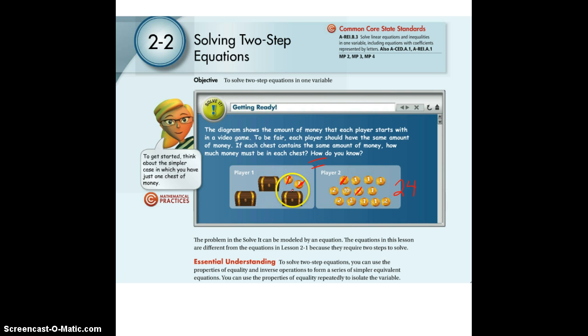So the way that we do that is we take these three treasure boxes and we take this money and we split both sides up into three even groups. So I could take one treasure box here, one treasure box here, and one treasure box here. And then I take this 24 and I do the same thing, split it into three even groups. So if I split this into three even groups, then I'll know how much each treasure box has to contain.